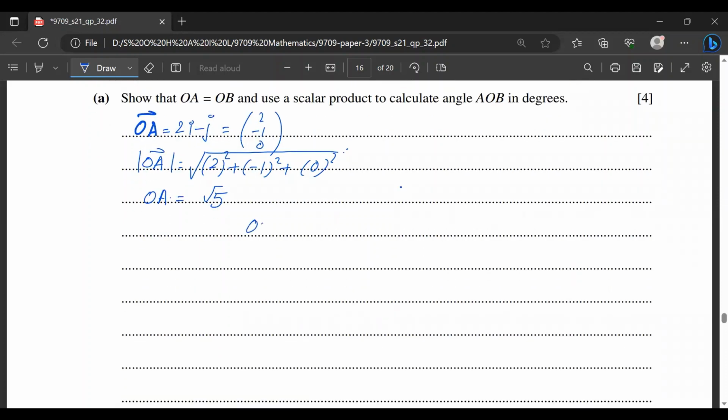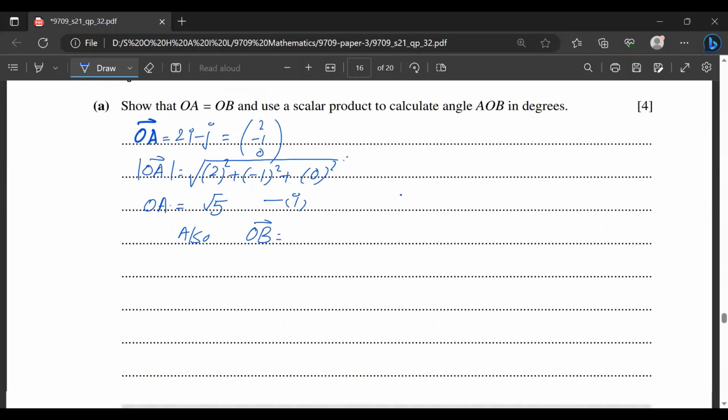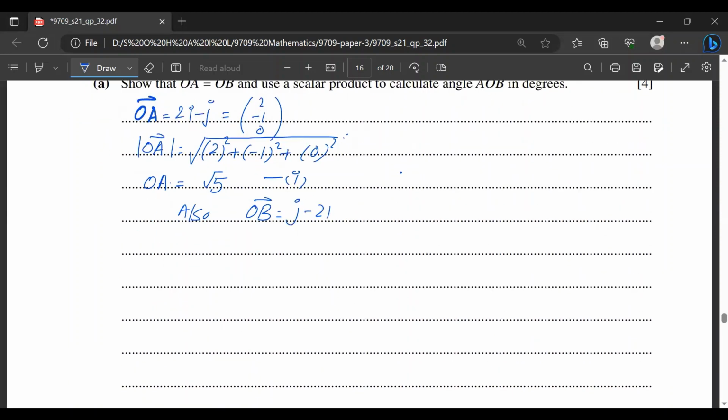Also, you're given the OB vector. You may label this as 1. So j minus 2k is the vector OB. You may write for convenience this as 0, 1, and minus 2.